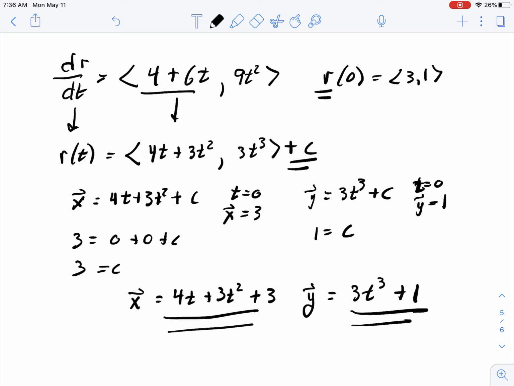Like so. Again, nothing new, just looking at it in terms of components. Instead of doing it once, you're doing it twice. This was two-dimensional; for three-dimensional, you do it one more time. All right, that is it for this.